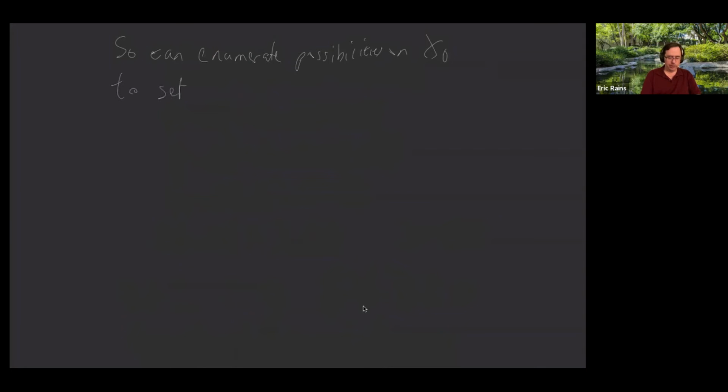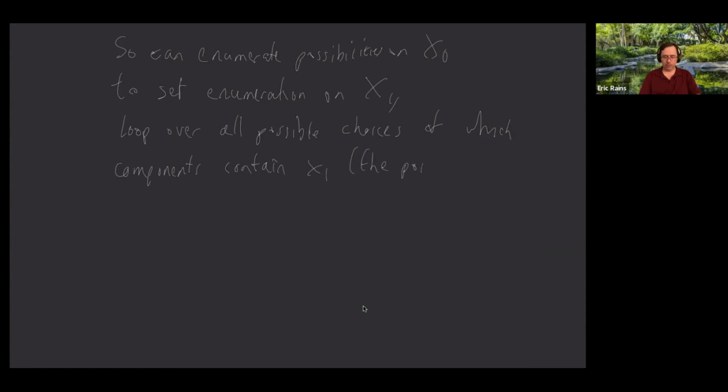To get the enumeration on X1, we just loop over all possible choices of which components contain X1, i.e. the point being blown up.